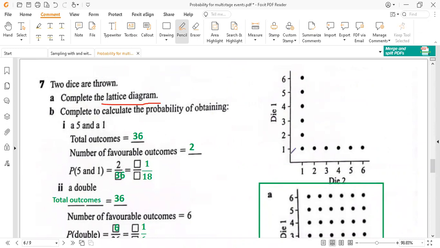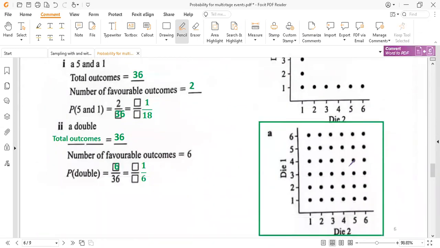So the first die gives us 1, 2, 3, 4, 5, and 6, and the second die also gives us 1, 2, 3, 4, 5, 6. This point represents 1, 1, then 2, 1, 3, 1, 4, 1, 5, 1, 6, 1.